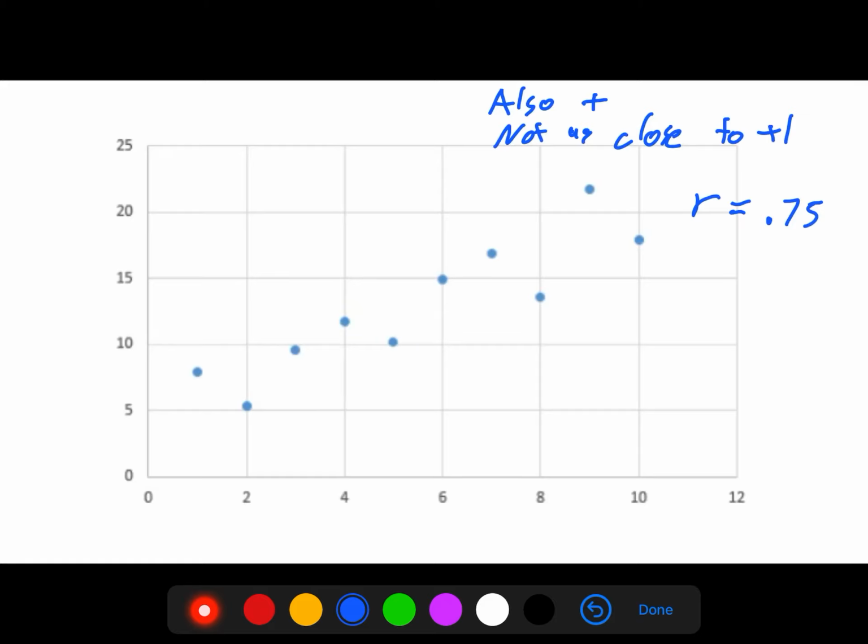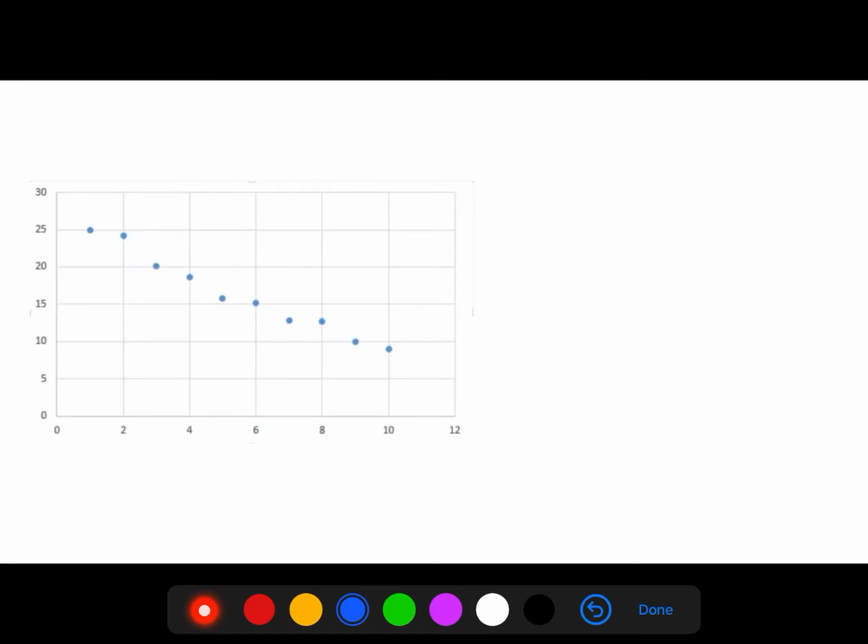It should be close to +1, but not as close as the last problem. So this one should be a little bit smaller than the last one. Okay, hopefully that's helping you make a little bit of sense out of what we mean by R. And so that means that if you're given a correlation coefficient or given a scatter plot, you should be able to kind of tell what the correlation is for them.